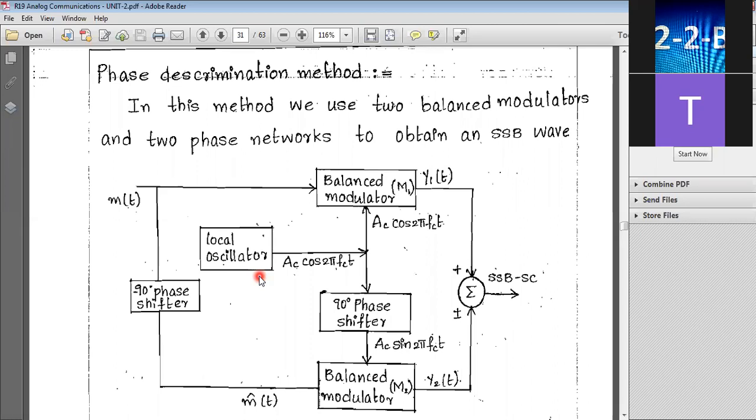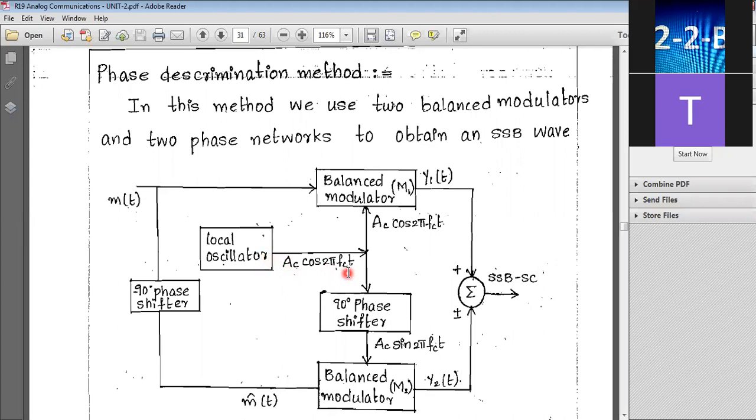Oscillator means it is a tuning circuit constructed with the help of inductors and capacitors. By changing the inductors and capacitors, the generated frequency varies. But here the carrier is very high frequency. So to generate high frequency carriers, we use local oscillators.